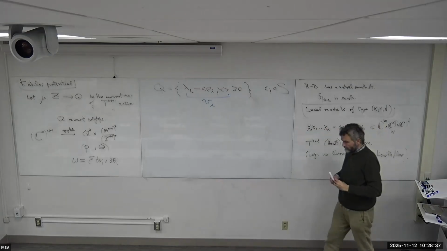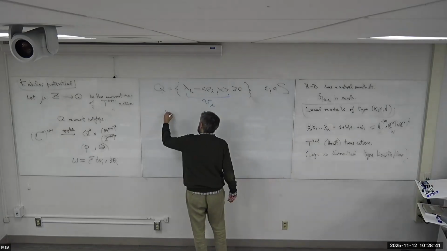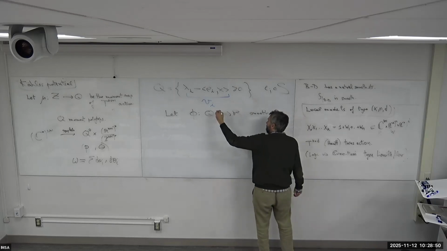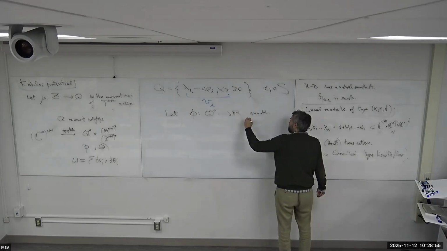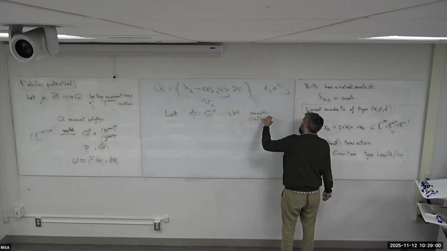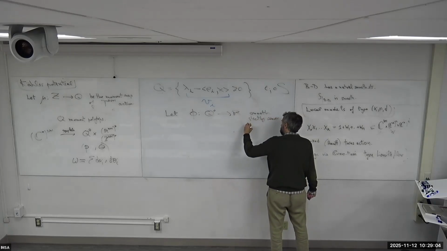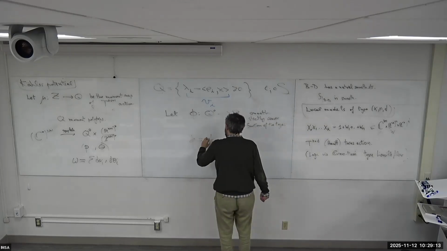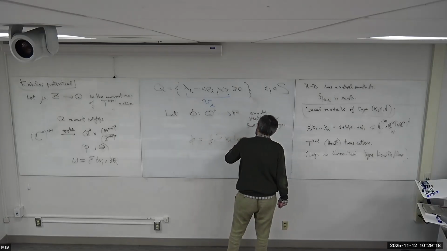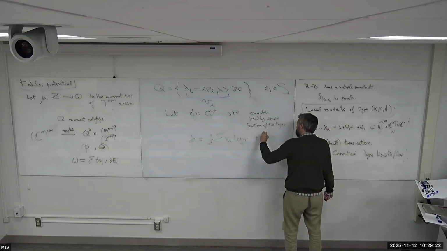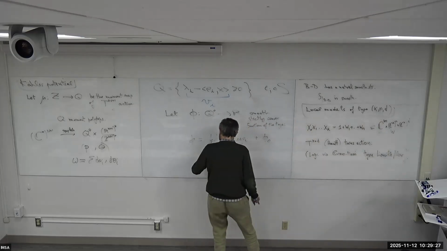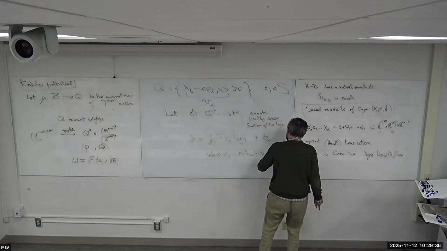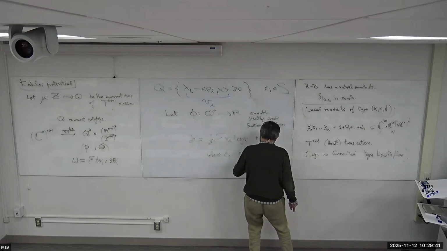So now take phi from the interior of Q to R, a smooth, strictly convex function of the type phi equals 1/2 the sum of v_i log v_i plus phi_0, where phi_0 extends to a smooth function on R^{n+1}.